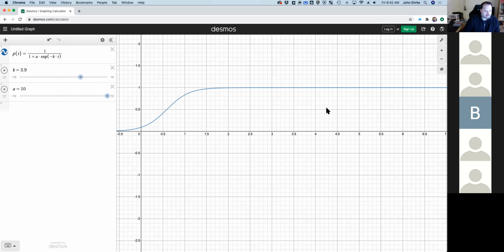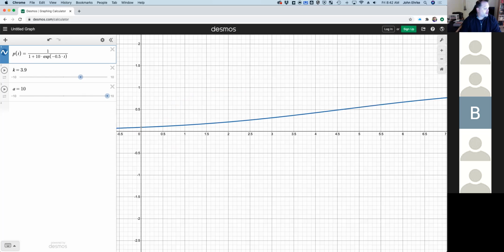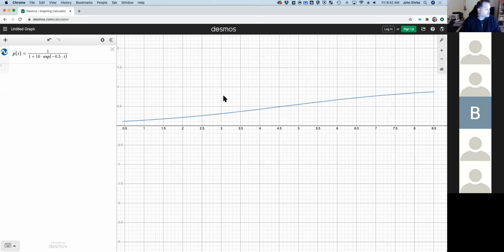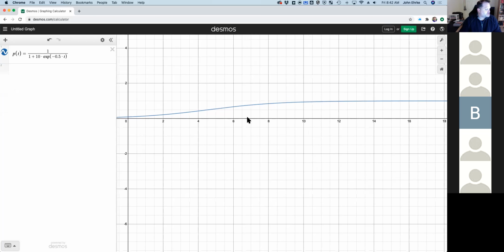So I said graph this thing and its derivative for a equal to 10 and k equal to 0.5. So let me change that out real quick. So we're going to make a equal to 10 and k equal to 0.5. So here's our logistic curve.